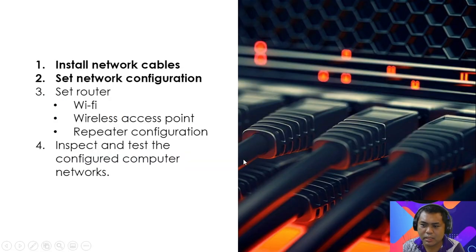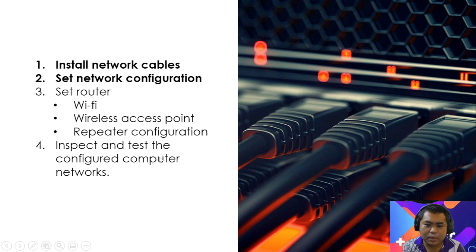Under this competency, objective number 1 is install network cables. Number 2 is set network configuration. Set router as a Wi-Fi device, router as your access point, and router as a repeater.